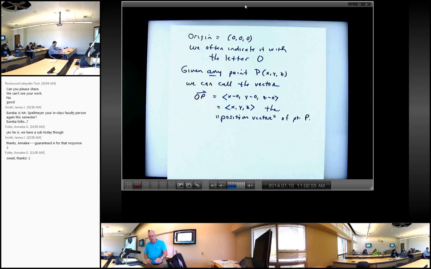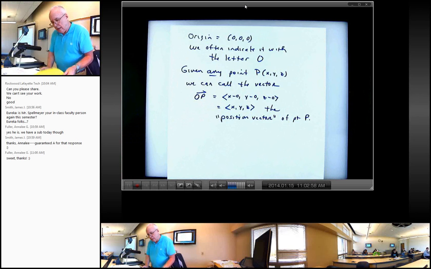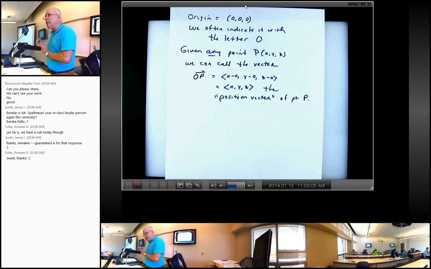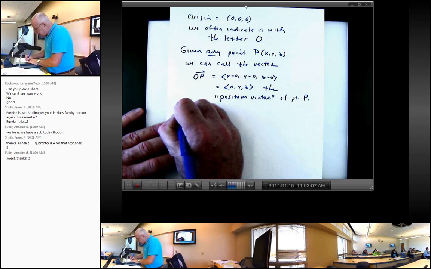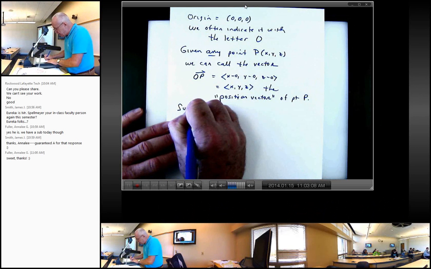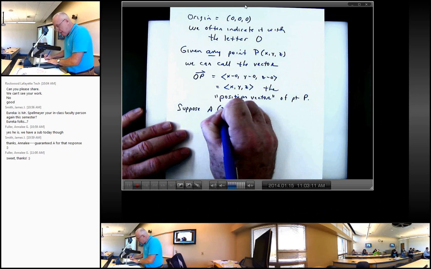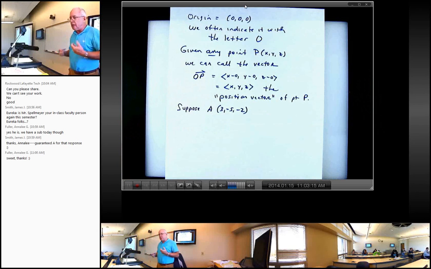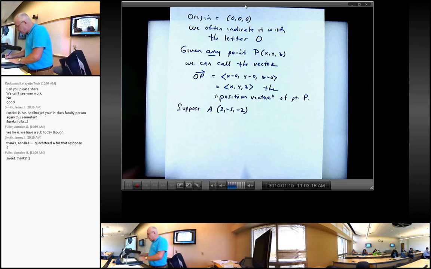Let's just look here at an example, and then I just want to make sure you understand the differences here. So let's say, suppose we have a point A, (3, -5, -2). This is a point, a fixed point. It's got parentheses around it.